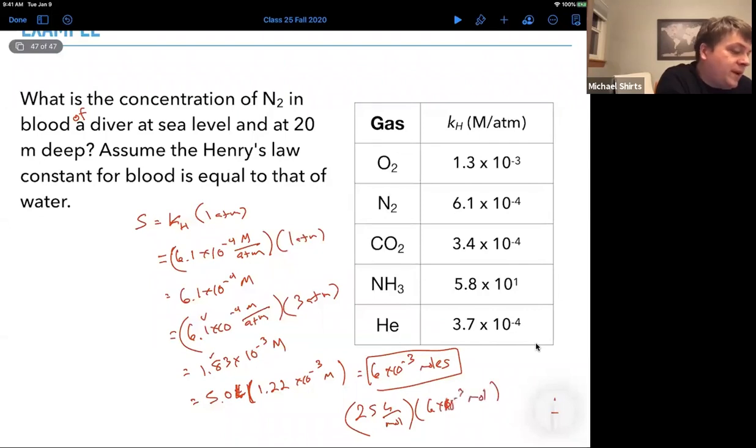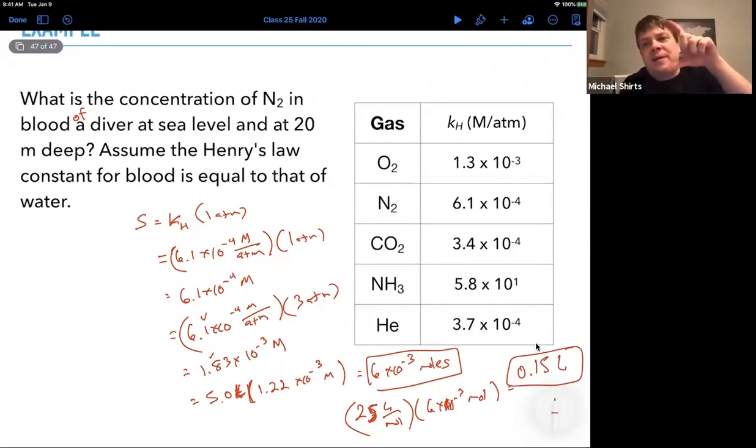So that would be about 0.15 liters. That's about half a Coke can of air. But remember, that's half a Coke can of air in your entire bloodstream.